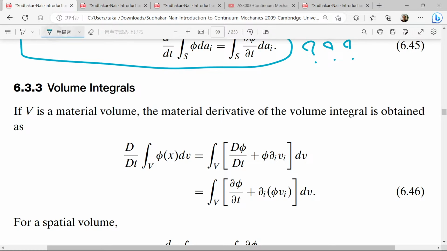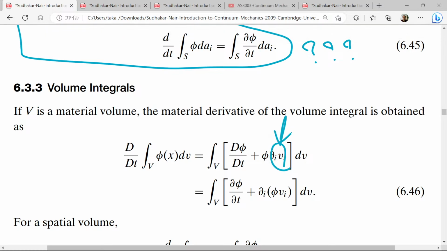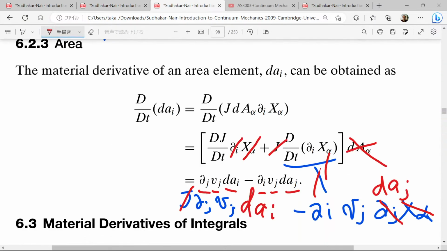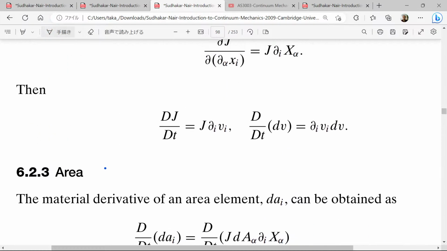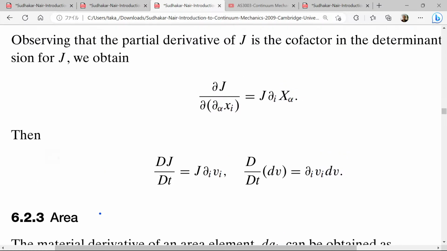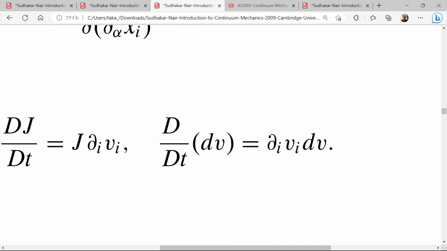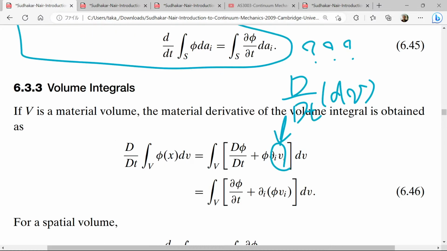This thing should come from d/dt of dV. We have done this. Area, volume. Do I have volume? See here, partial_i v_i dV.